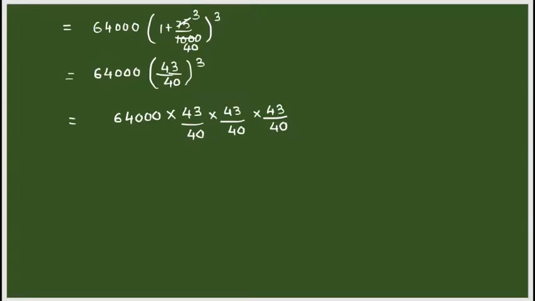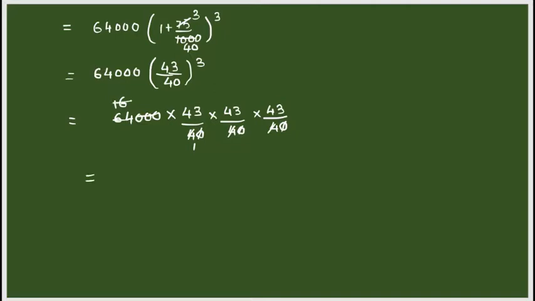Now in the denominator we have 3 zeros, and these 3 zeros will get cancelled. That means we are dividing both by 1000. Now 4 4s are 16, and 4 into 4 gives 16.